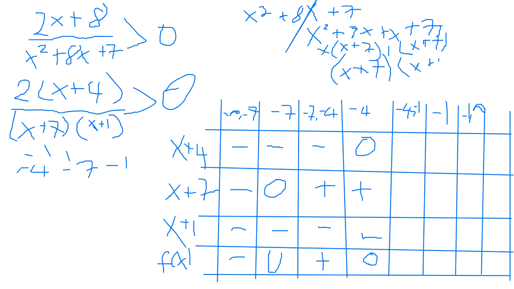It will be like this: negative divided by 0 times negative. Can you see that? So negative times 0 is 0. So it will be negative divided by 0, which will give me undefined.